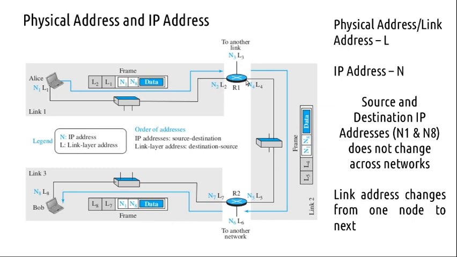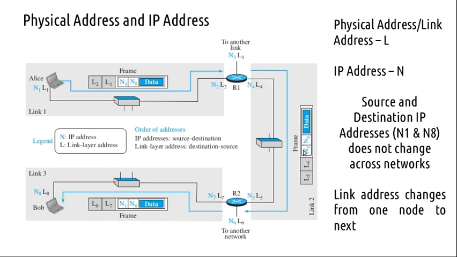Again, R1 will send it through and change the destination address as L4. R1's external node has an IP address N4, and this link address is L4.